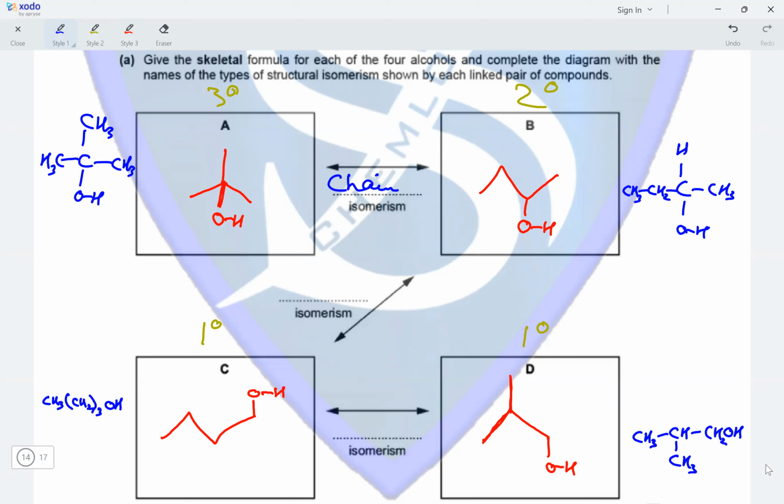So this is what is known as a positional isomerism. And between C and D, again we have introduction of branching. So branching is present in chain isomerism. So these are the three different types of isomerism that exist between A and B, B and C, and C and D.